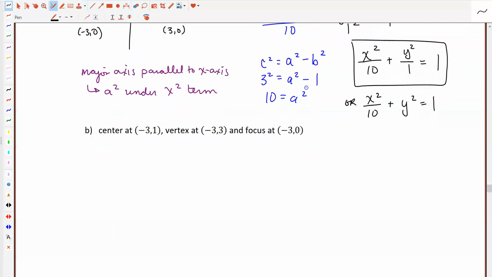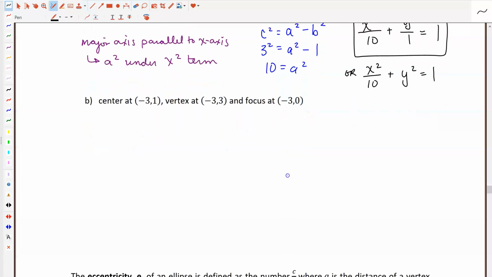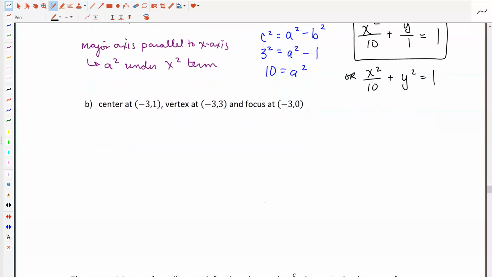All right, so last one. The center is going to be at -3, 1, the vertex is at -3, 3, and the focus is at -3, 0. So lots going on at -3. Let's do a quick sketch, see what we're looking at here. So -1, -2, -3, 1, 2, 3.